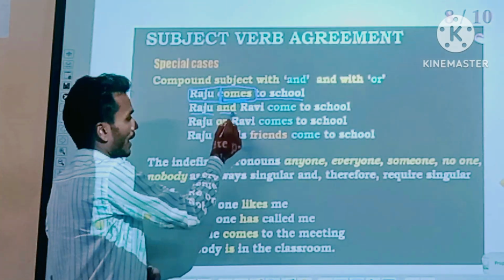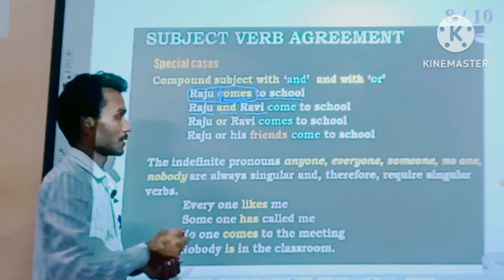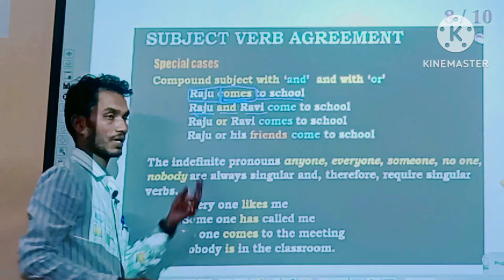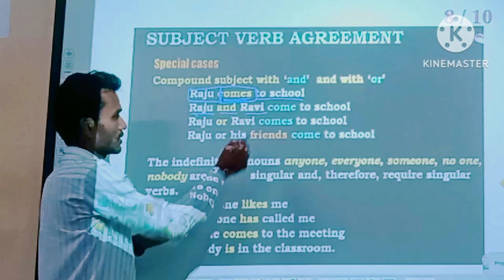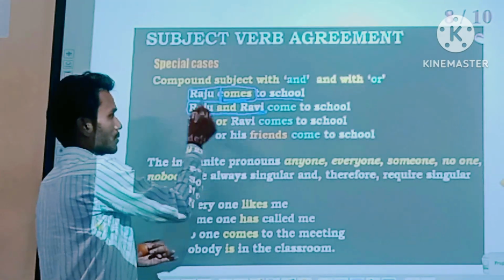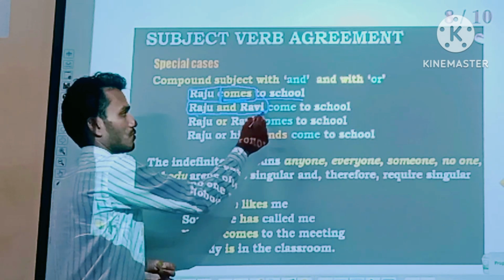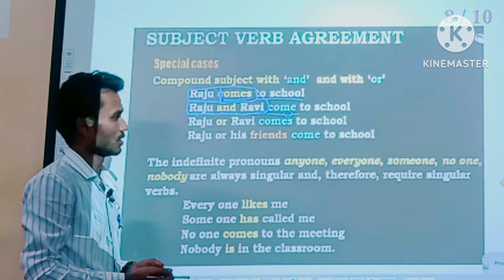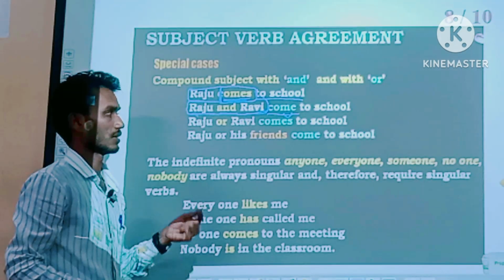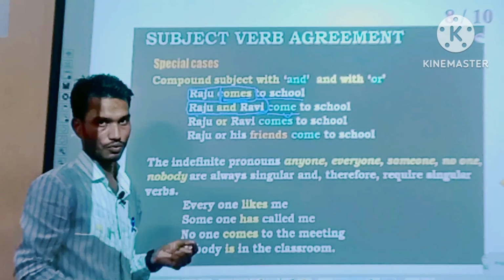Raju and Ravi, here the subject is not singular, here we have two subjects, Raju and Ravi, so it becomes plural, and that's why the verb should be plural, come. It's not comes. Right? Raju and Ravi come to school.